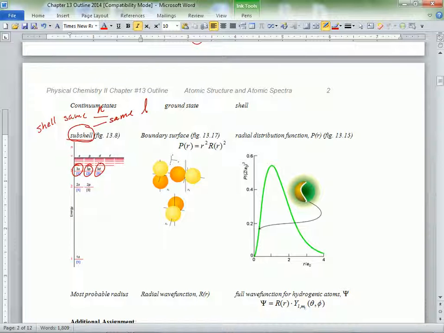They're all degenerate, according to this table, right? For a hydrogenic atom, they're all degenerate.